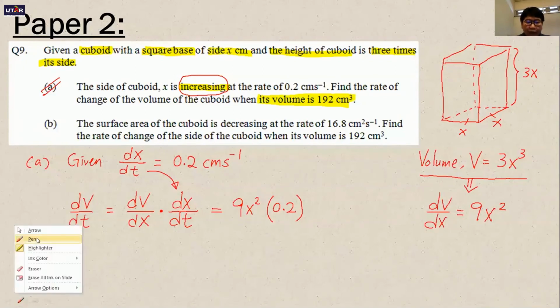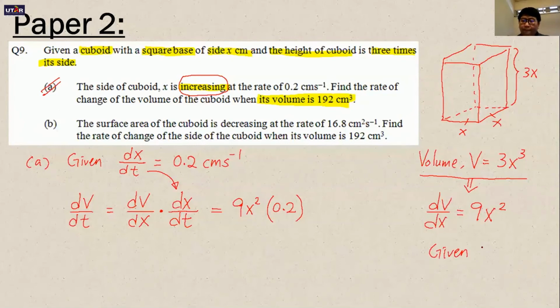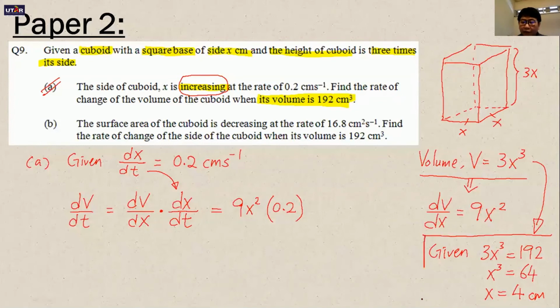So from there, we can find the x value. 3x cubed is equal to 192, so x cubed is equal to 64, 192 divided by 3. So x is equal to 4, actually 4 cm. This is given info from the question. So substitute x equal to 4.